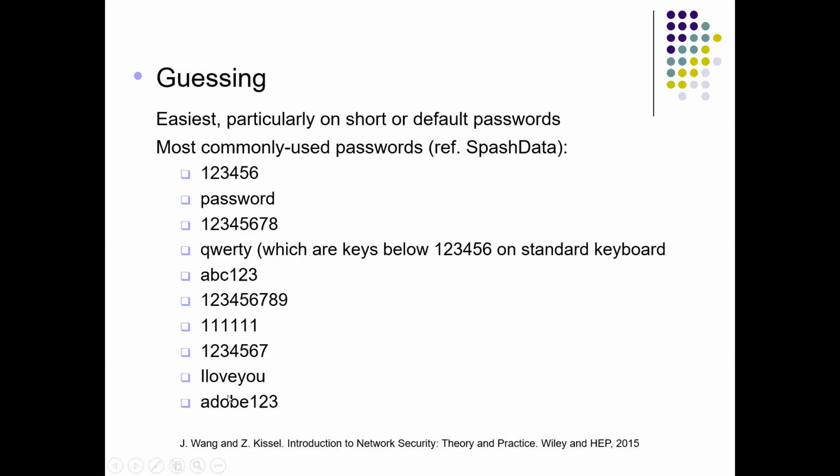A lot of users simply use some phrases or strings they can remember. Hence, when an attacker gets a file of usernames, they can first try to see whether these commonly used passwords would match any of those usernames.